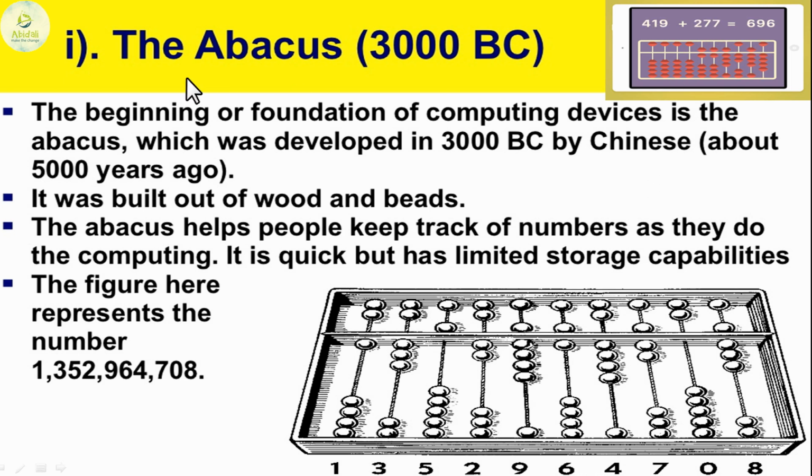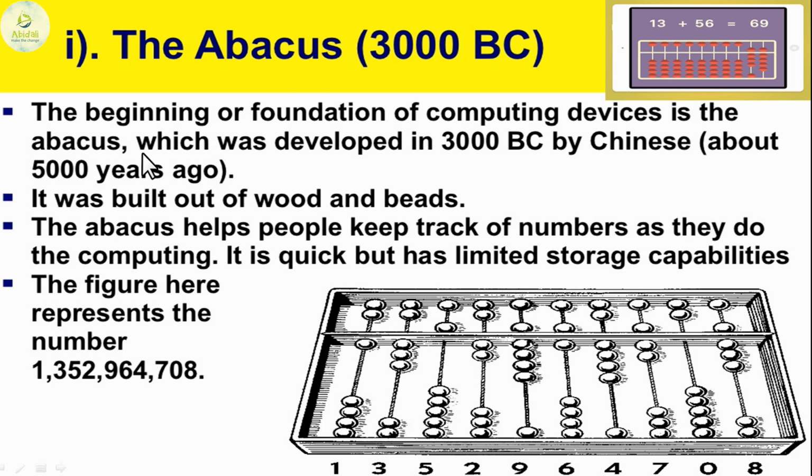The first one is the abacus, which was developed in 3000 BC. Now you know the history, you know AD, BC, all those things. This is technically how the abacus looks and functions. The beginning or the foundation of computing devices is the abacus.